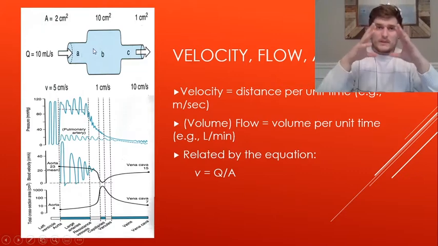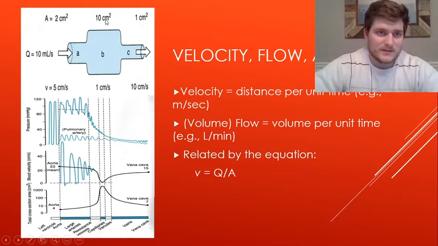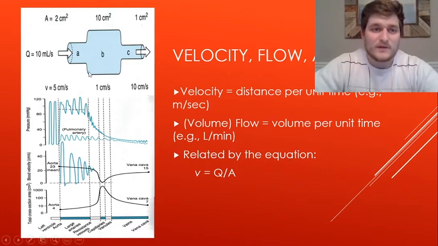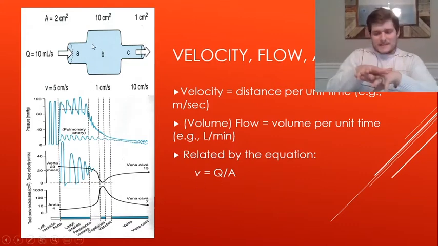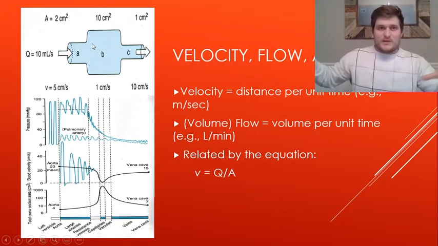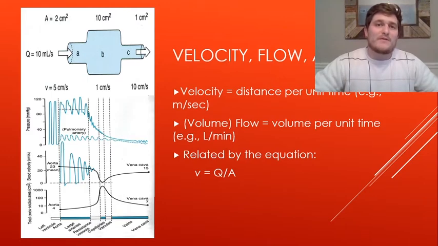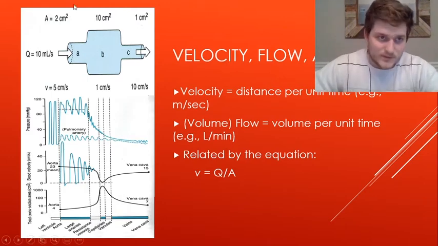Now, if we increase that cross-sectional area fivefold, then that is going to lower the blood velocity. That blood is going to be distributed over a greater cross-sectional area, and that's going to slow down the amount of distance that it's going to move.